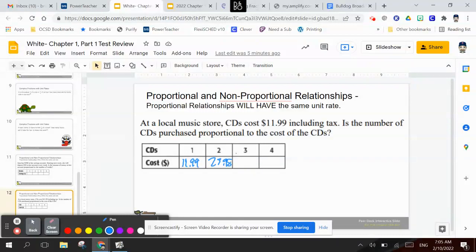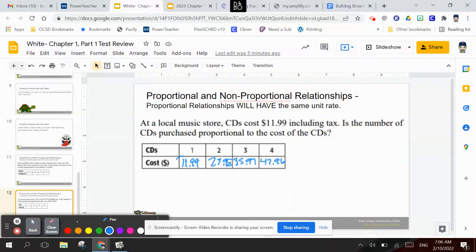If you buy 3 CDs, it's going to be $35.97. If you go 4 CDs, that's $47.96.